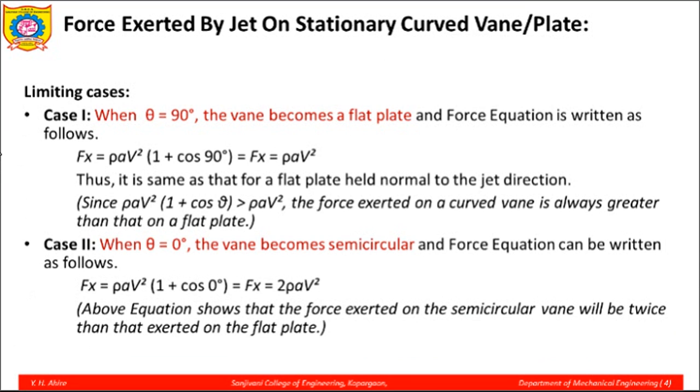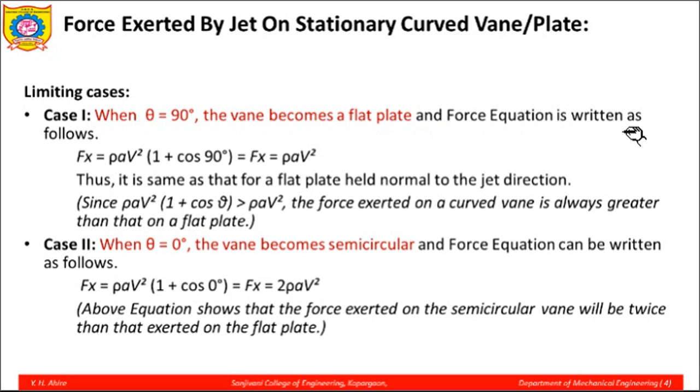So we have limiting cases. Case number 1, when theta is equal to 90 degrees, the vane becomes a flat vane. The given curved vane, which is symmetrical about the x axis, becomes a flat vane if theta is 90 degrees.